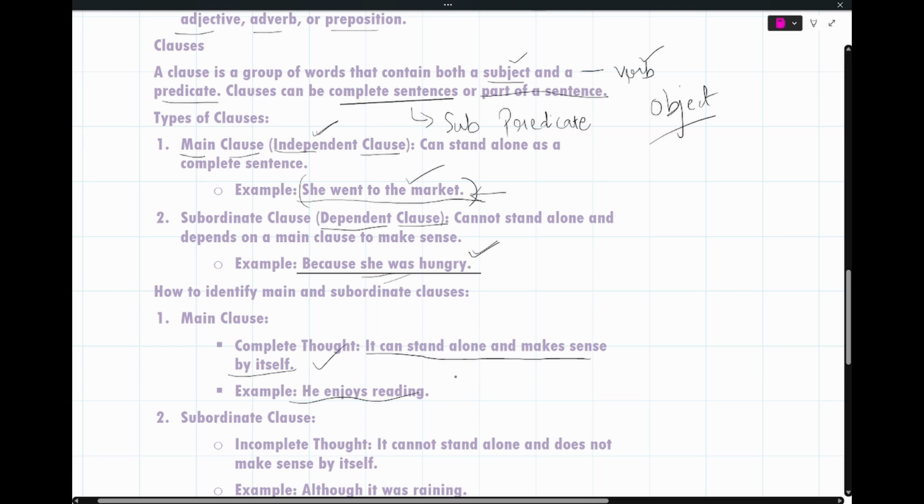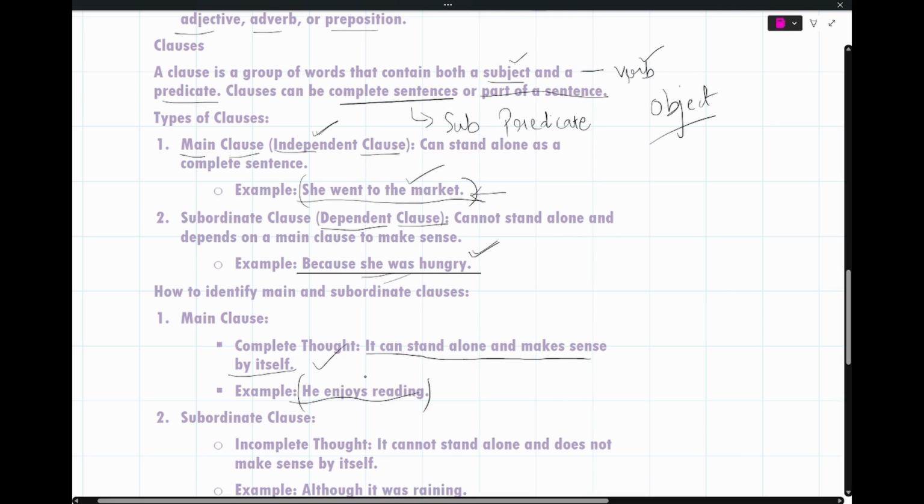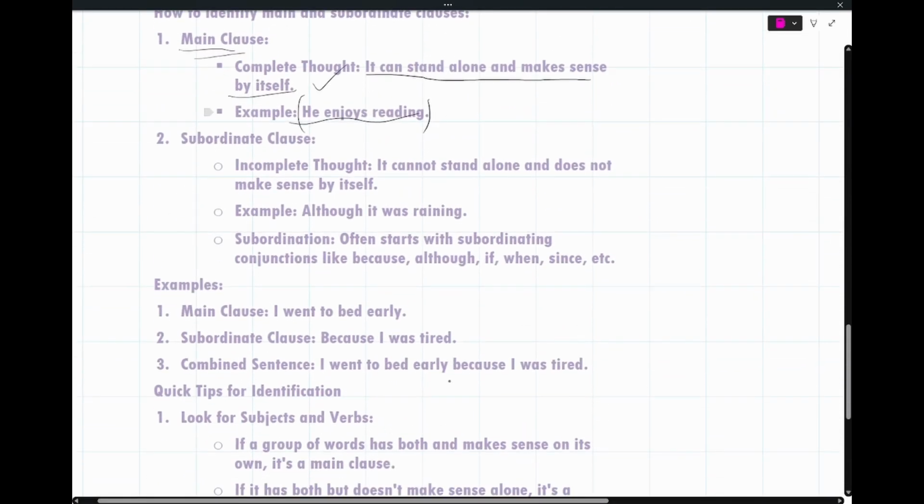Even if you write the reason, he enjoys reading because it's his favorite hobby, you don't need to add that. Just the fact that you have this sentence is enough for it to make complete sense. That is why this is considered a main clause. It can stand on its own without depending on any other sentence or any other group of words to add more meaning to it. Then there's a subordinate clause.